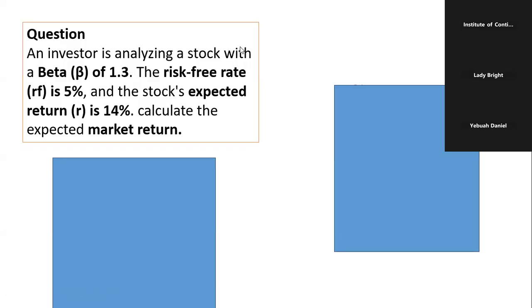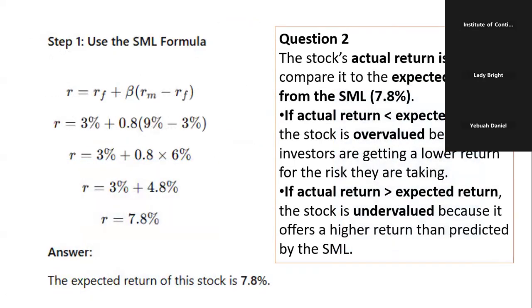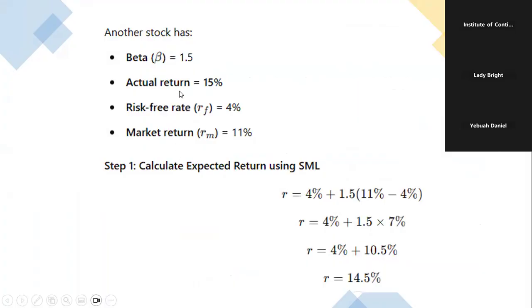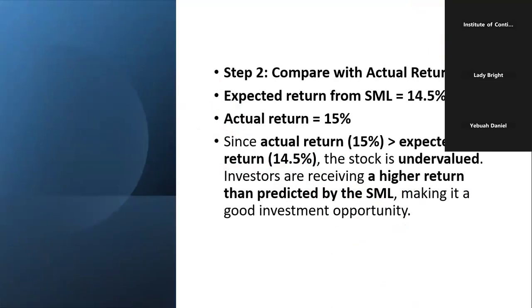Why is the expected return the same as actual return? It's not the same. I'm going back. The actual return is 15. The expected return is 14. So it is not the same. It means the company is giving a return of 15%. But when you did your calculation, what the company is supposed to be giving is 14.5. So they are giving more than they are supposed to give. So it is not the same.